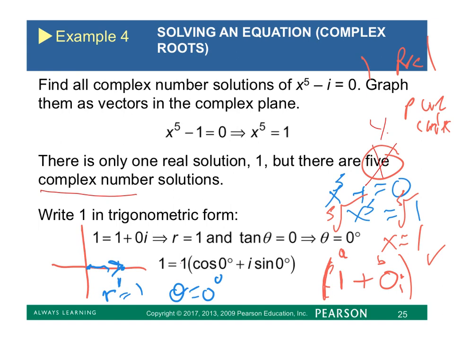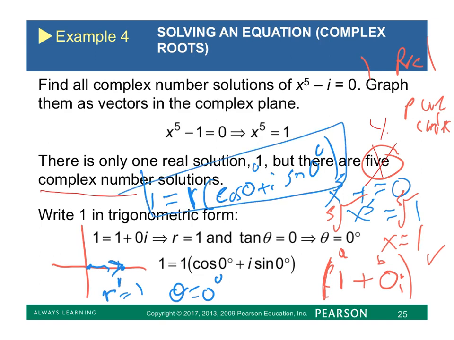So it's not a surprise that 1 is equal to 1, there's my r, times cosine of 0 degrees plus i sine of 0 degrees. There's the trigonometric form of my first vector.